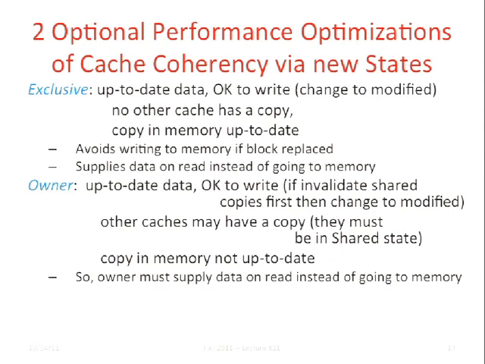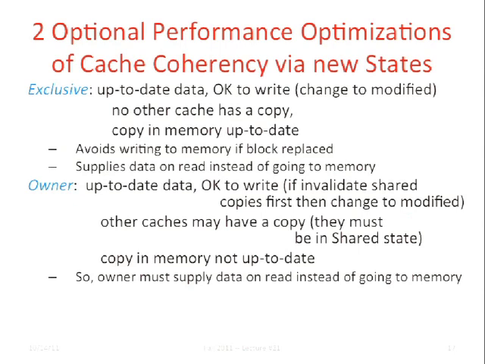Now, those copies, if they exist, have to be marked as shared. And so if you want to do a write, you have to do what we showed you in that slide, which is you have to go out, invalidate those copies in those other caches, then change your state to modified, and so on.